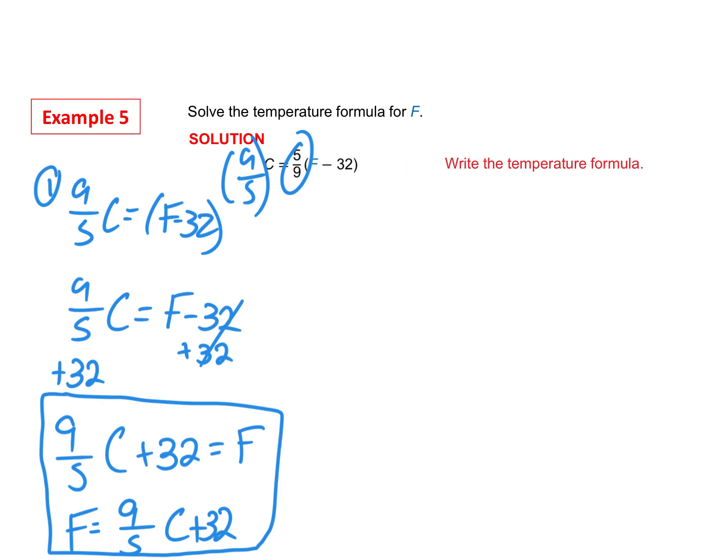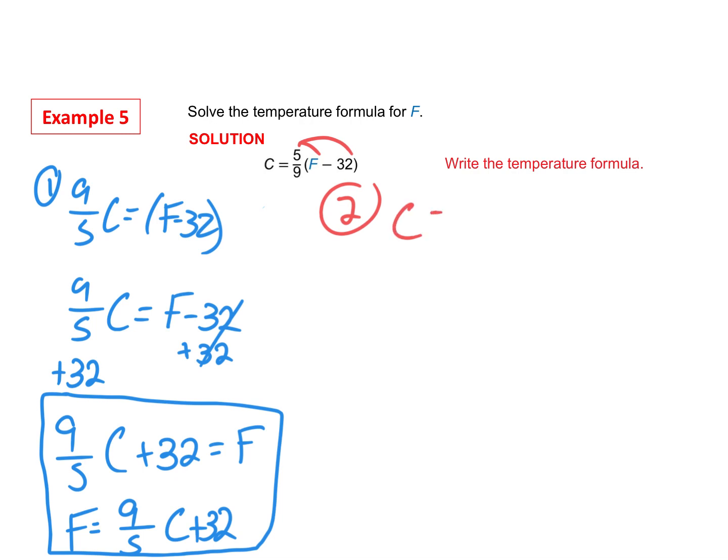Now, I'm going to erase this blue to start on the second way. The second I'm going to do in red. Another way I saw you guys doing it is distributing that 5 over 9. You can do that too.